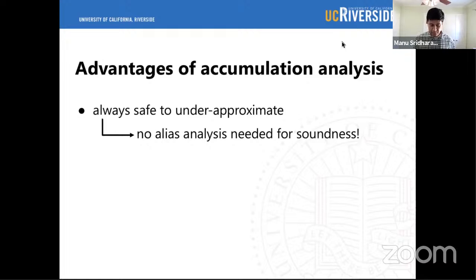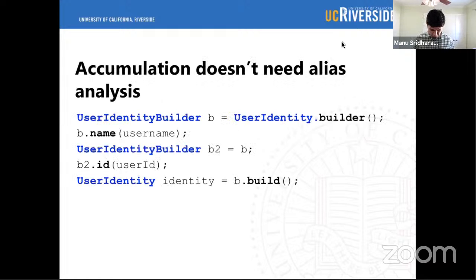And let's look at an example to see why this is true. So here we have a builder B, and we invoke name directly on B, but in order to invoke the required ID function, we do it through an alias B2. So now what's going to happen when we check this call to build at the end?